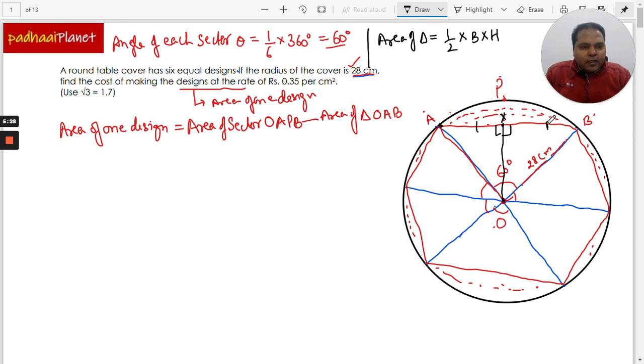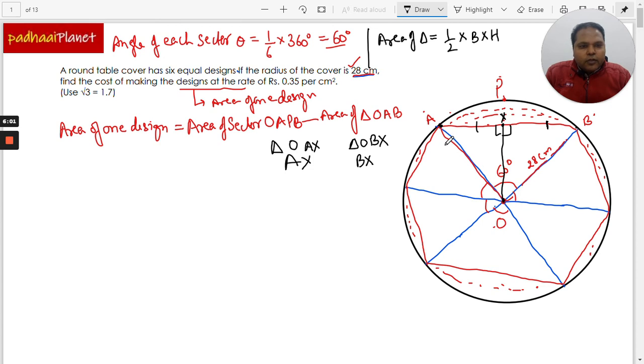Now let's observe these two triangles, triangle OAX and triangle OBX. We'll clearly observe that AX is equal to BX, because that's the theorem of circles. Whenever there is a perpendicular, the perpendicular bisects the chord into two equal parts.